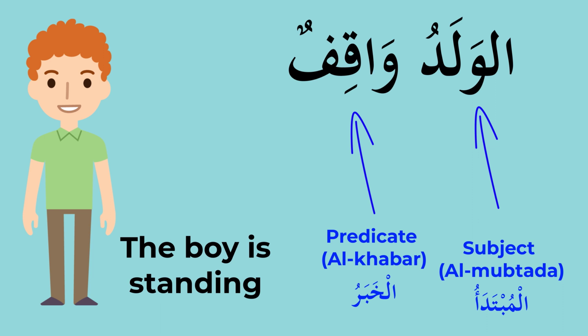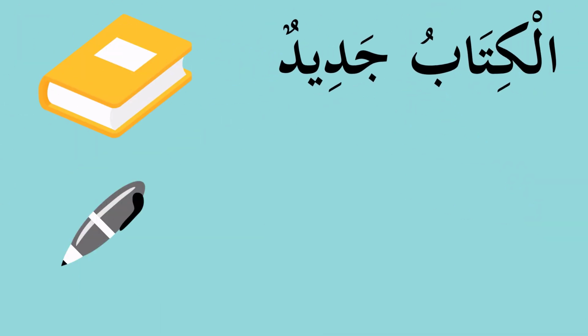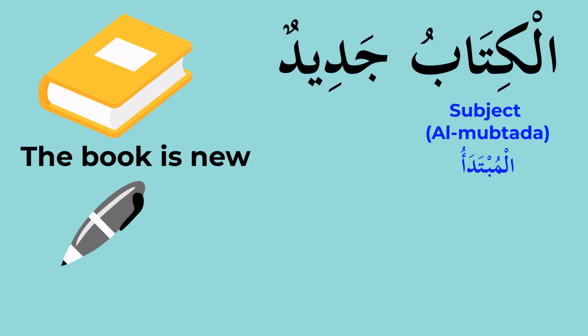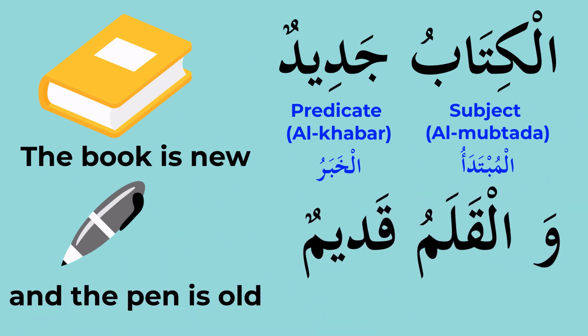Al-kitabu, what is it? Al-kitabu jadidun. Al-kitabu mubtada, jadidun is the khabar. The translation is, the book is new. Wal kalamu, and the pen, qadimun, that is your khabar.